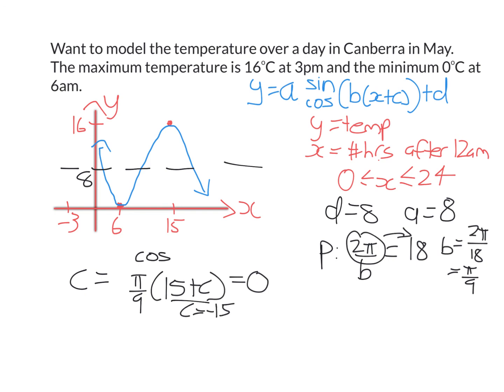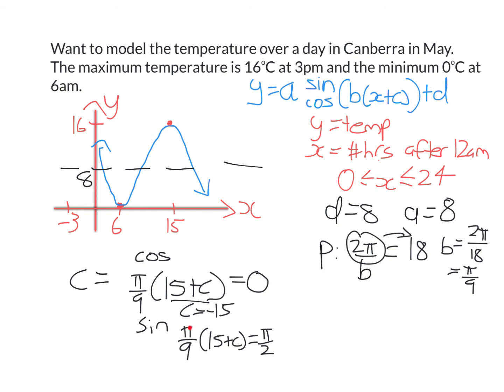What if it's a sine graph? Well, if it's a sine graph, I have to remember that y equals sine x peaks at pi on 2. Sine graphs normally peak at pi on 2. So what I want is when x equals 15, I want this thing in the brackets to equal pi on 2. Because then I would be taking sine of pi on 2 when x equals 15.